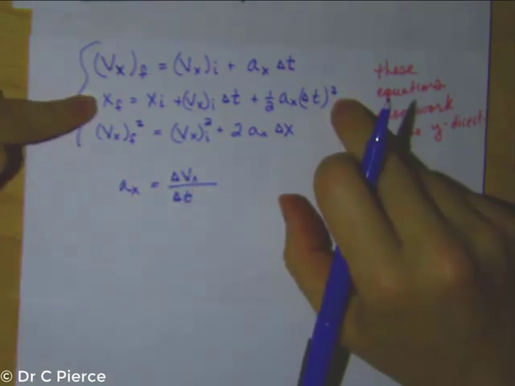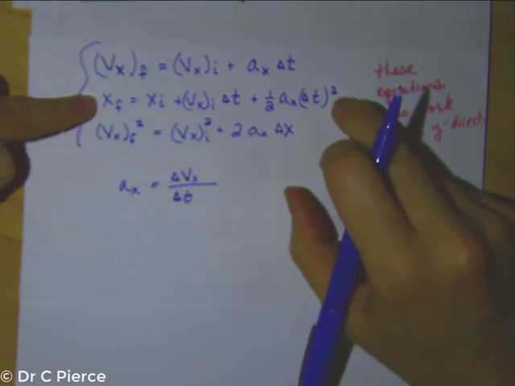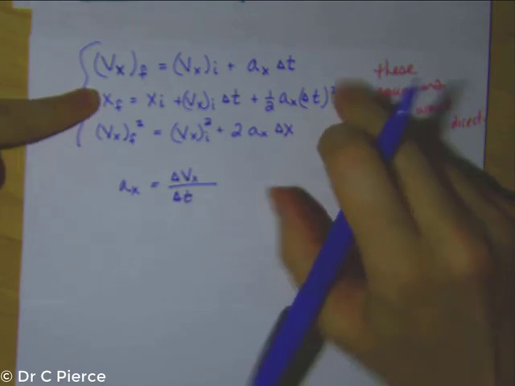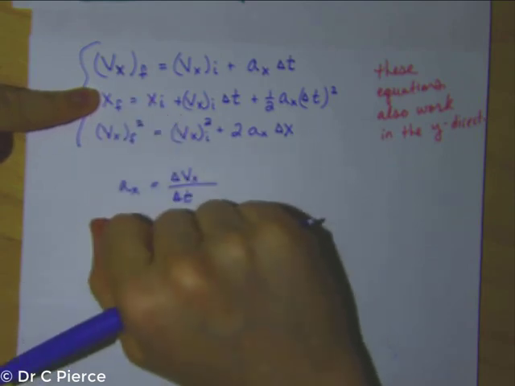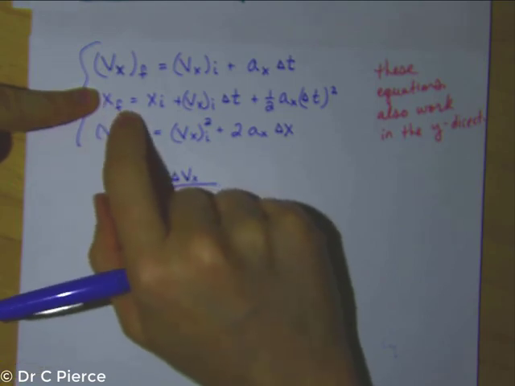And we could rewrite this one too, so it's a little bit shorter, so you don't have to write so much all the time. If we take xi and subtract it to the other side, that's the displacement. It is xf minus xi.